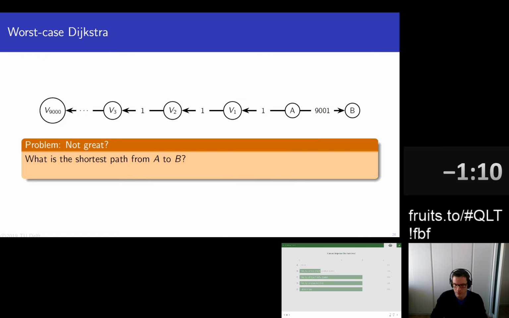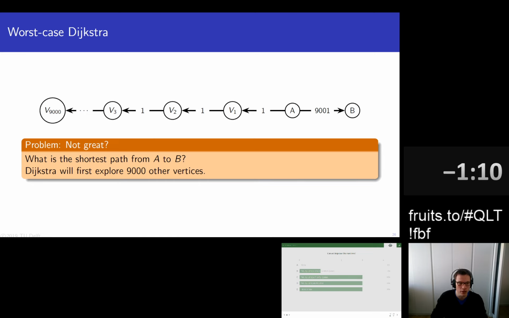We immediately see the answer, but Dijkstra is first going to explore 9000 other vertices, because V1 is at a distance of only 1, so that's closer. Then V2, because that's at a distance of only 2, and that's closer than the vertex B at distance 9001. Then vertex 3, and then vertex 4, and then vertex 5, and so on and so forth.